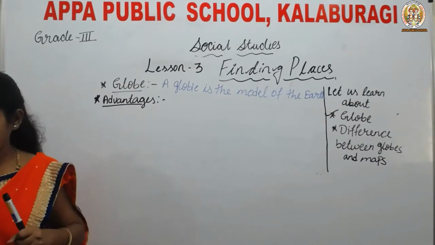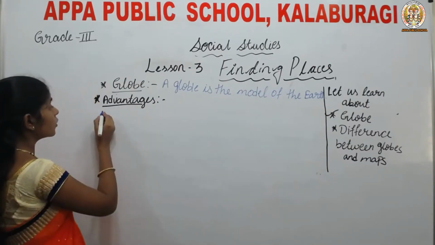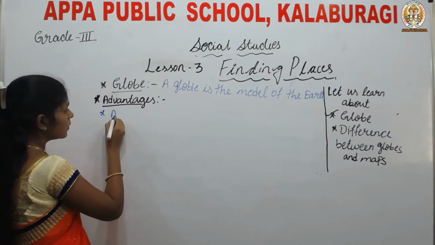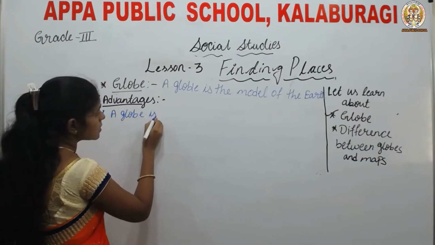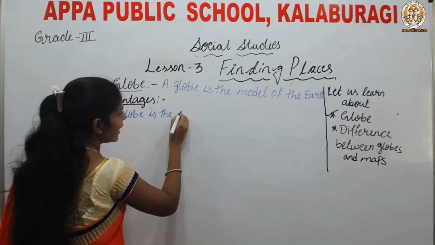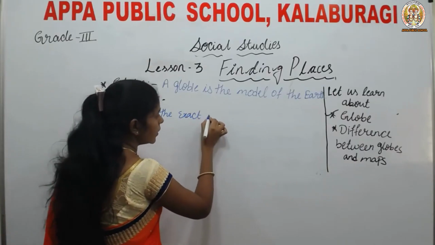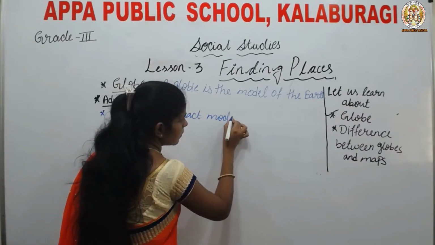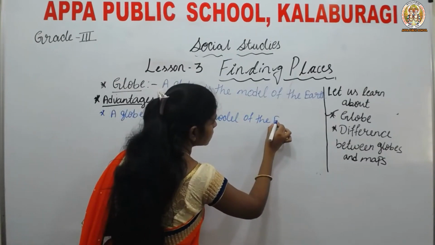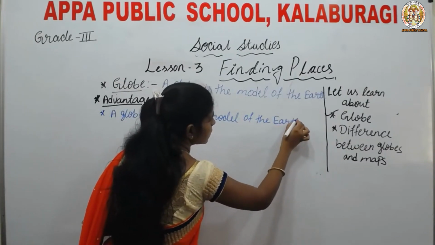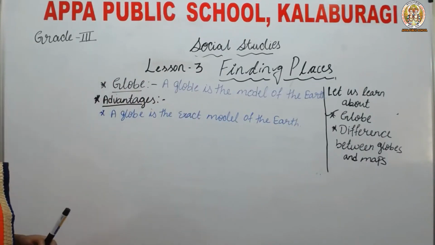What is the first advantage? A globe is the exact model of the earth.